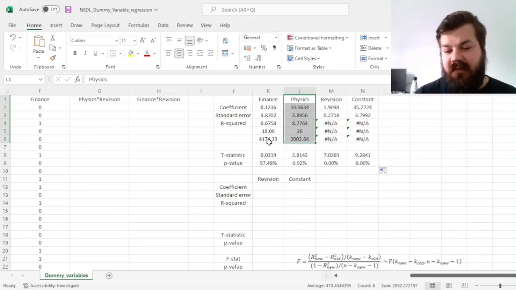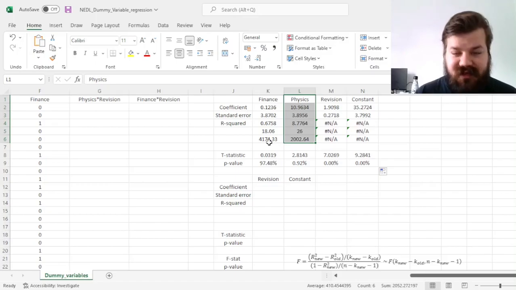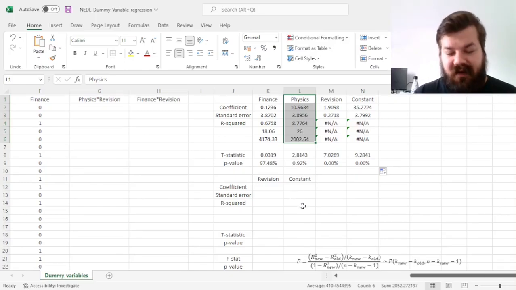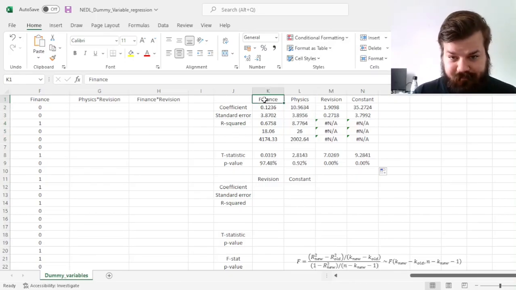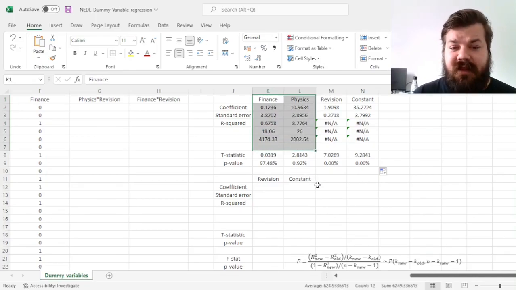So what you might want to do if you are introducing dummy variables is to test whether all dummy variables that you include for a particular categorical variable are statistically significant jointly. And for that, we can use a restricted f-test, testing for joint significance or joint explanatory power of the finance and physics dummy.